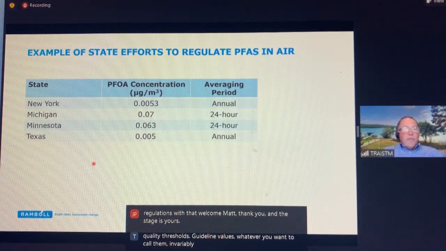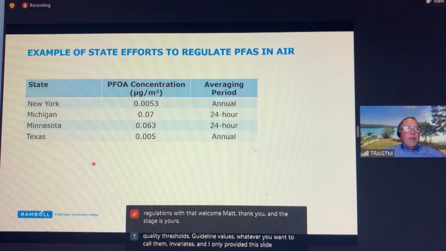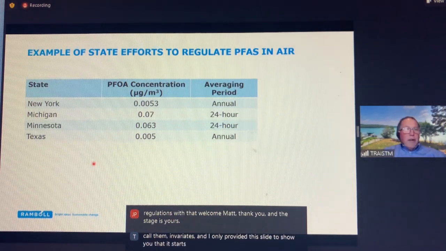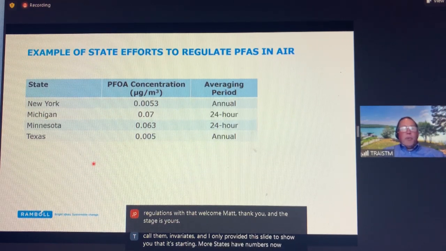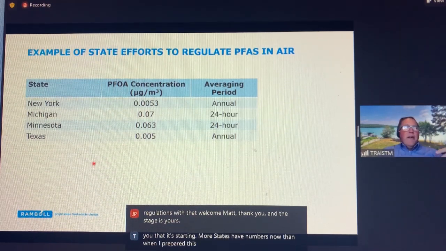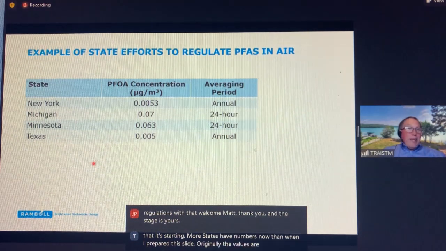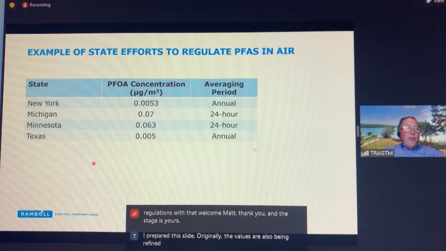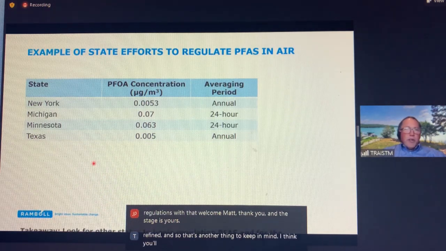And I only provided this slide to show you that it's starting. More states have numbers now than when I prepared this slide originally. The values are also being refined. And so that's another thing to keep in mind. I think you'll see more of that as we go forward.